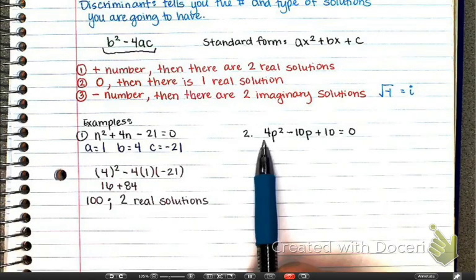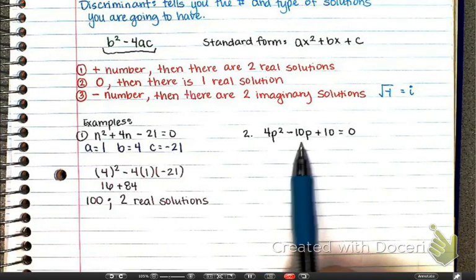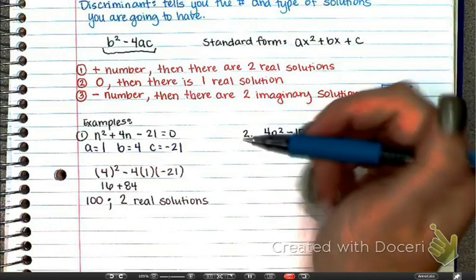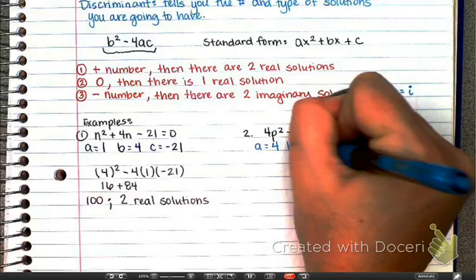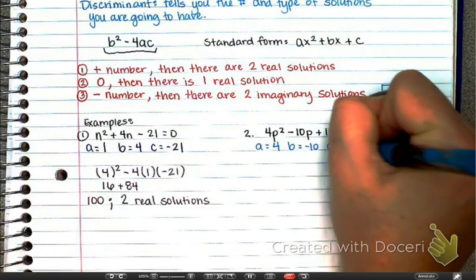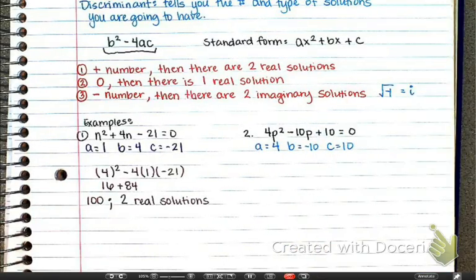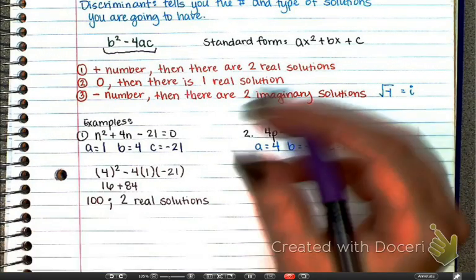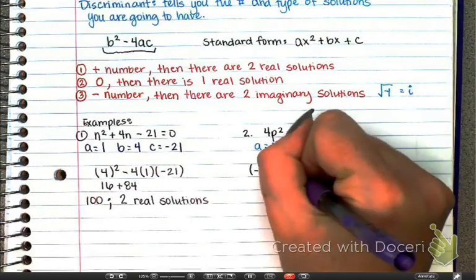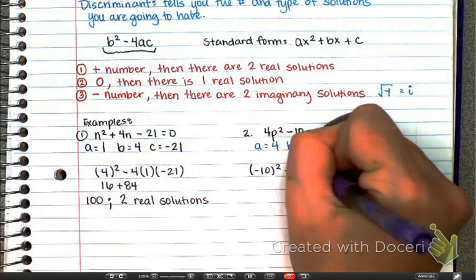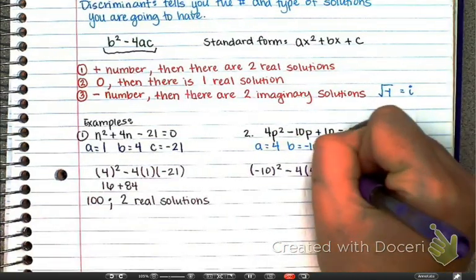All right, I am in standard form, so ax squared plus bx plus c. So I'm going to identify my a, which is 4, b is negative 10, c is positive 10. And I'm going to plug that into my discriminant. So b squared, so negative 10 squared, minus 4 times a times c.